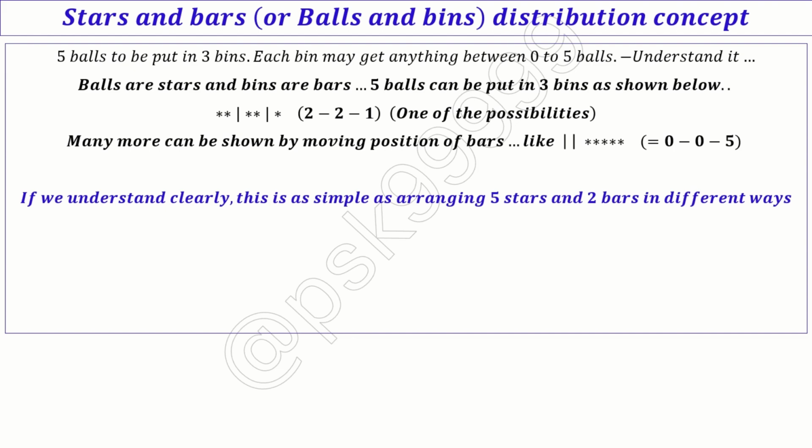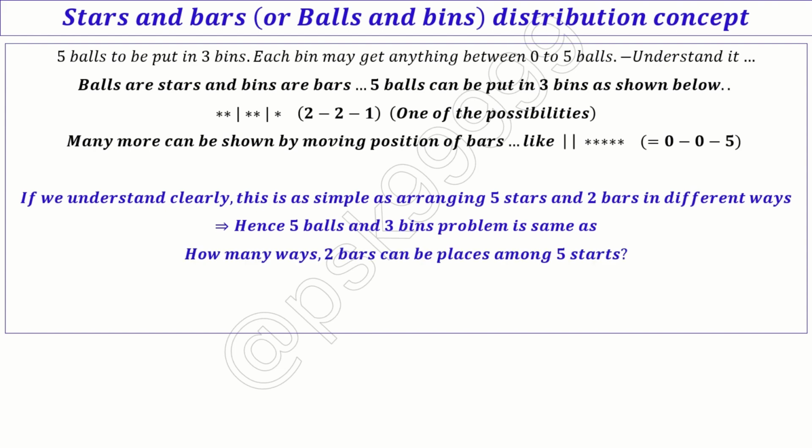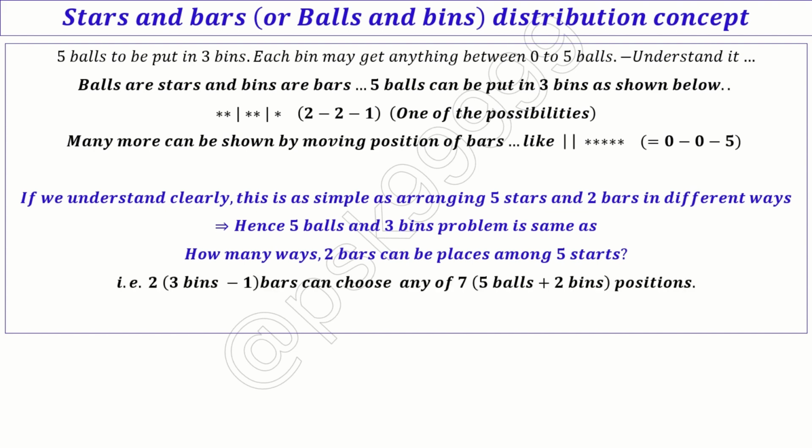Total 7 positions, and I can put my 2 bars anywhere in those 7 positions. So 2 bars can be placed in any of 7 positions, which is 7C2, which is 21. 21 ways I can place them.